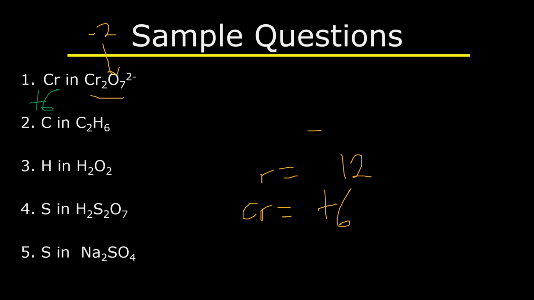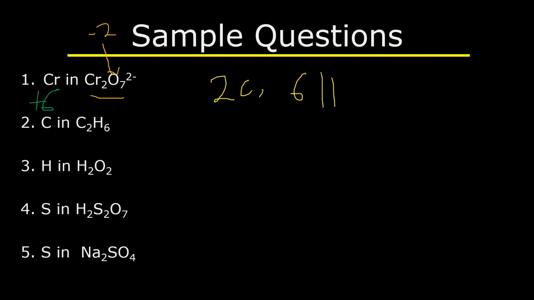How about another instance where they want us to solve for the oxidation state of carbon in ethane, which is C2H6? Let's give it a try. In C2H6, you have 2 carbons and 6 hydrogens. This is a neutral compound, so everything is meant to add together to give a neutral charge of 0.